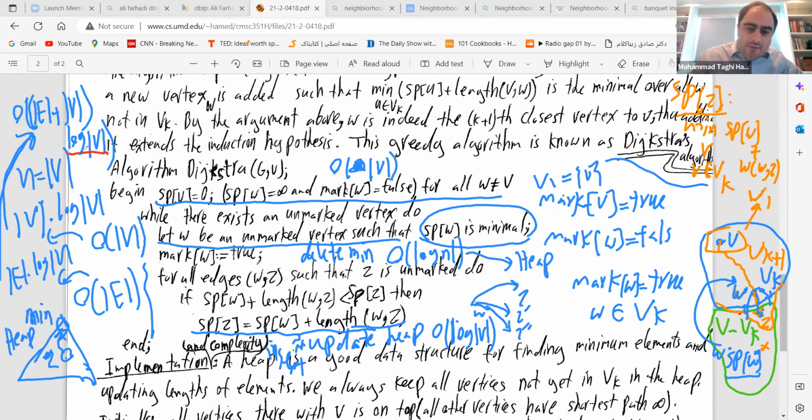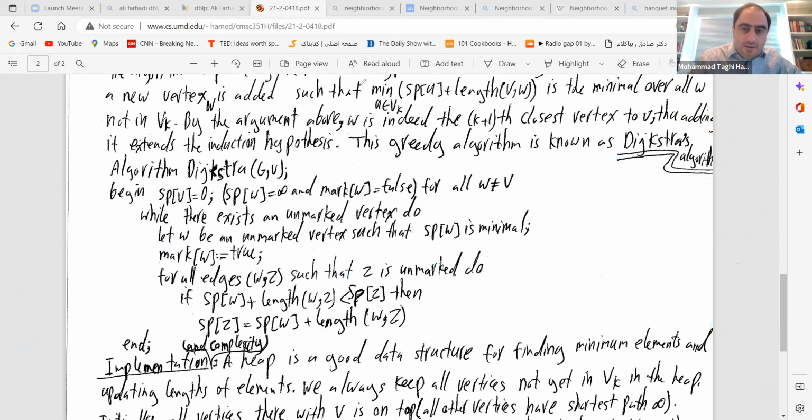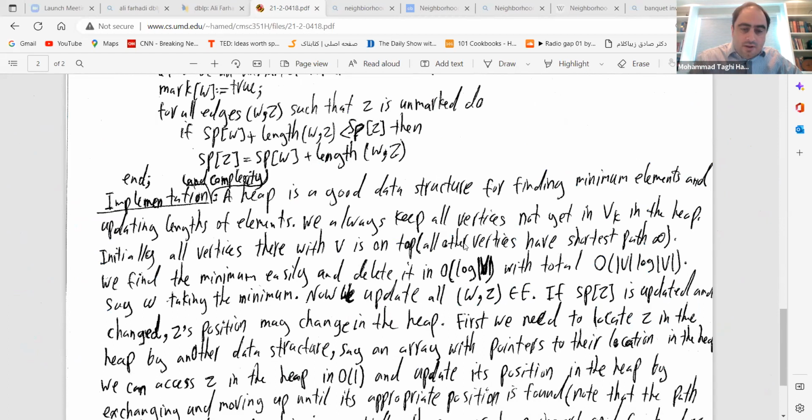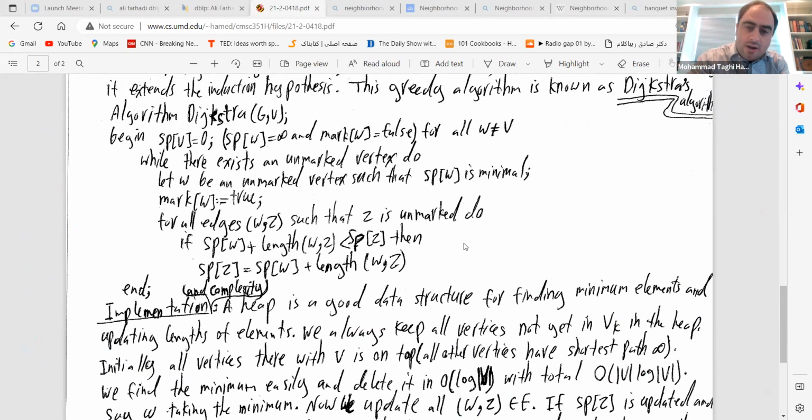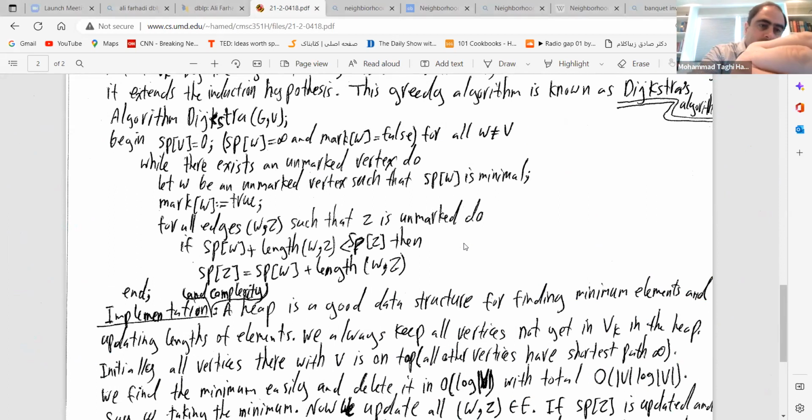Again, I will just repeat this. Let me clear everything here. So this is the implementation. As we mentioned, there are two parts here. This is one part, where we are doing the delete min.